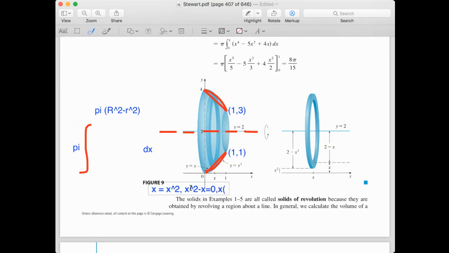Then we factor out x. So we have x times (x minus 1) equals 0. So we solve this, we get x equals 0, x equals 1. What we can see from the picture is obvious, right? So we find our lower limit and upper limit of x. We're cutting along the x-axis. So this goes from 0 up to 1.